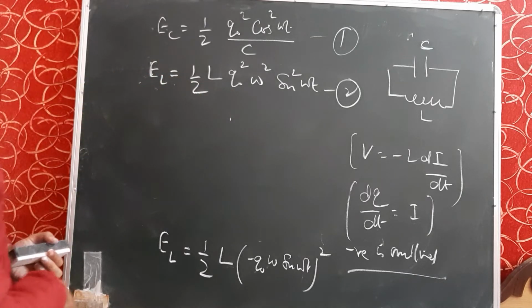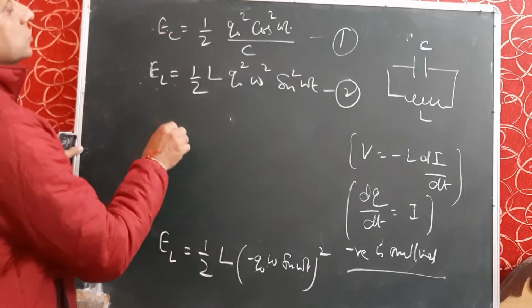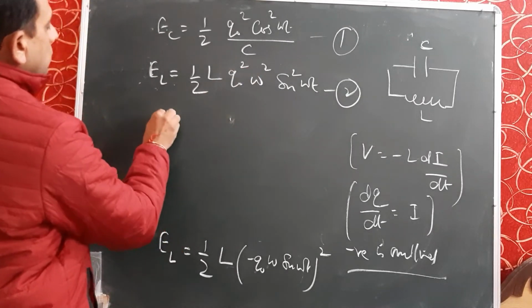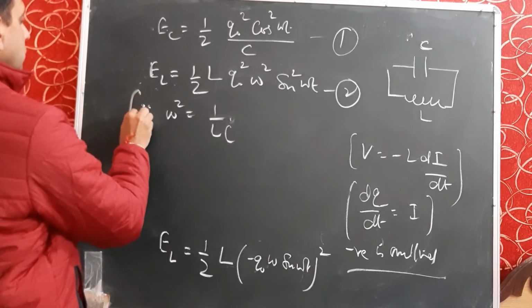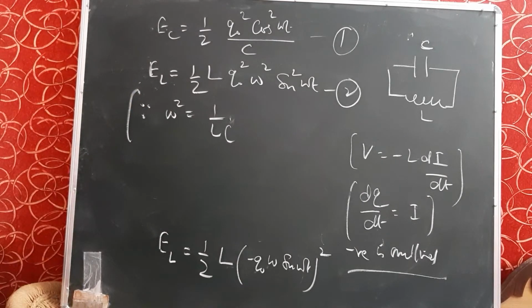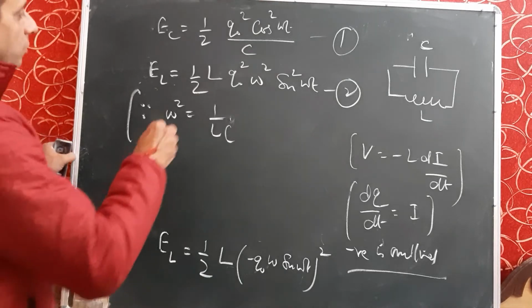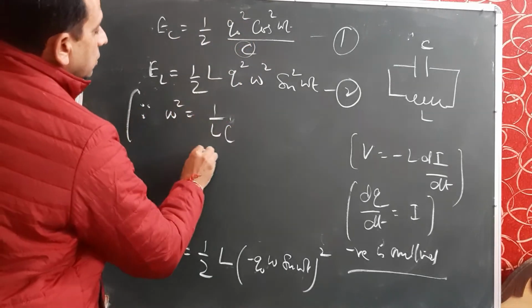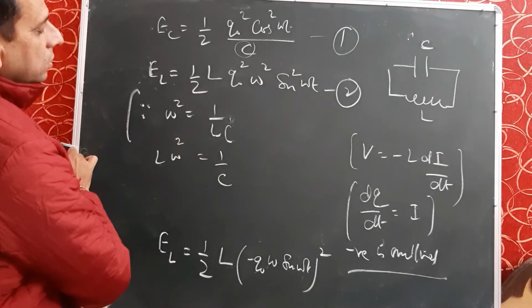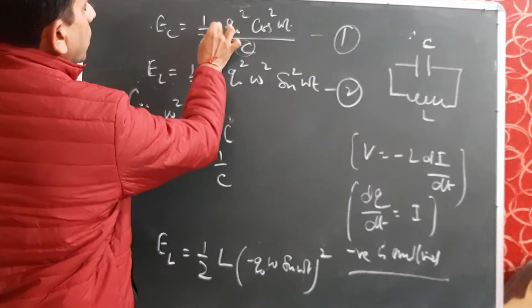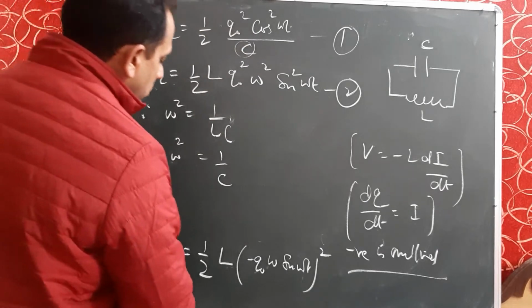Now, we have already used the formula omega square is equal to 1 by L C, since in the previous article I have put this formula, 1 by L C is equal to omega square. So, you can replace 1 by C as L omega square.